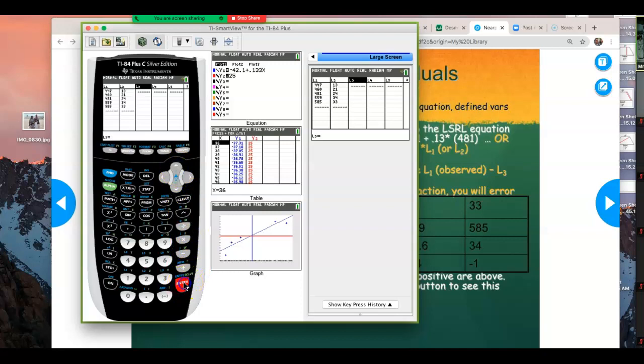Highlight L3, press enter, and then I'm going to plug in negative 42.1 plus 0.1326, and then all my x values are in list 1, so I'm going to put L1 here.